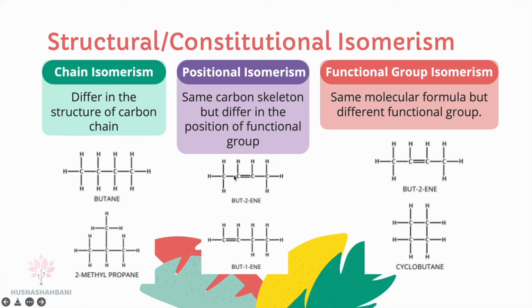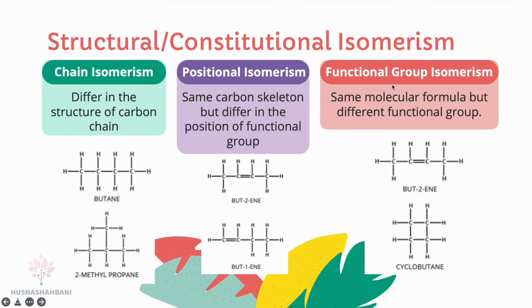Here, the carbon-carbon double bond is at the second carbon, but here, the carbon-carbon double bond is at the first carbon. You start counting the carbons at the functional group or nearest to the functional group. So this is the first carbon because the functional group is at this carbon, not this one. We start counting at the nearest functional group. So these two, you call positional isomerism.